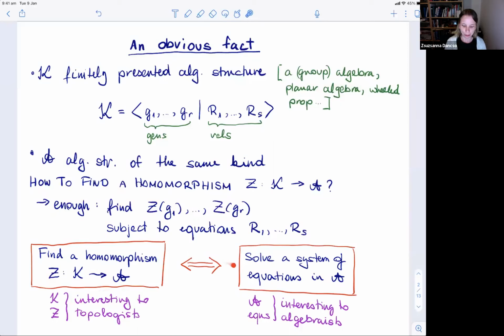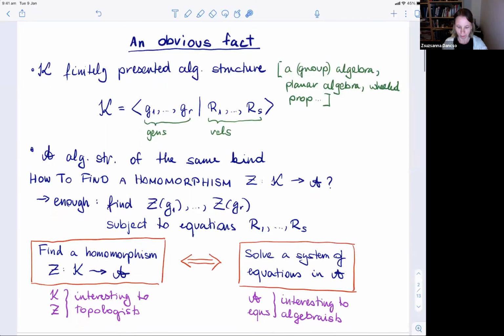And this correspondence will give a bridge between these topological problems and the algebraic problems, which means that you can then use algebra, use your knowledge of algebra in topology, or maybe in a less traditional direction, you can use your knowledge of topology to apply it in algebra. That's the basic framework.